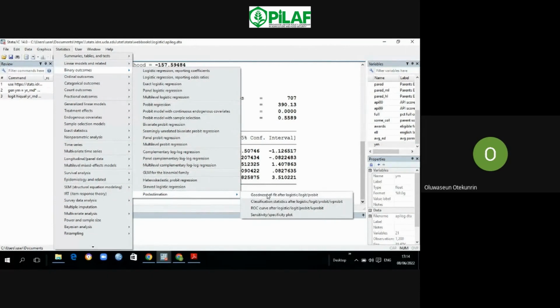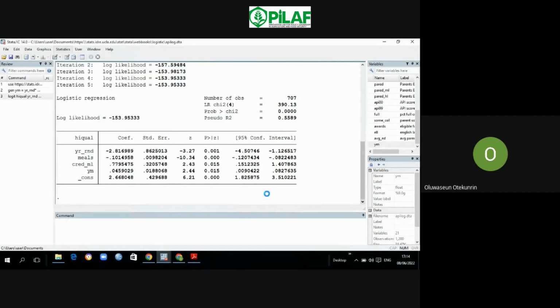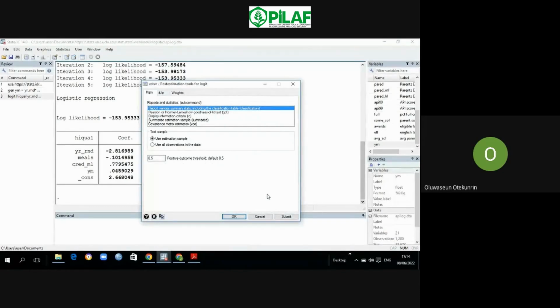From post estimation, go to goodness of fit after logistic, logit, probit.